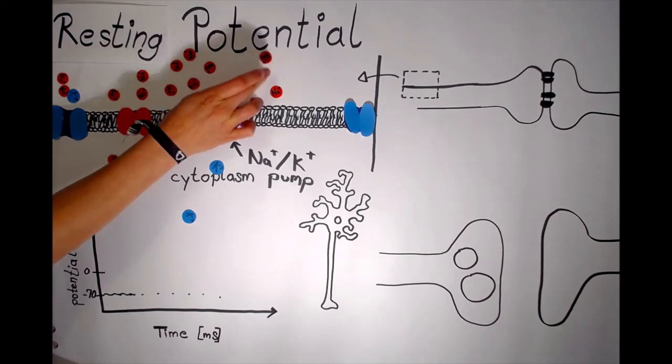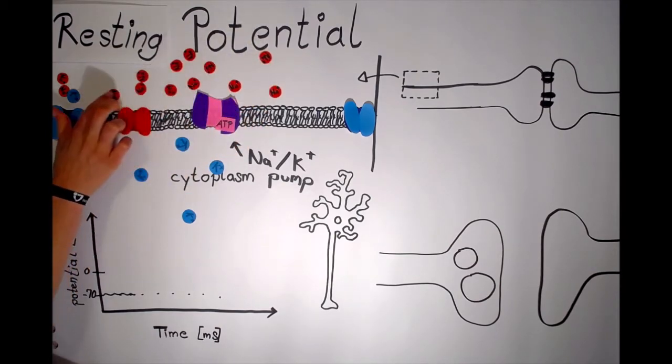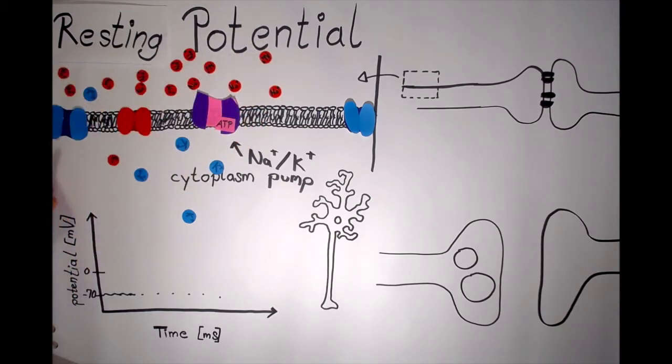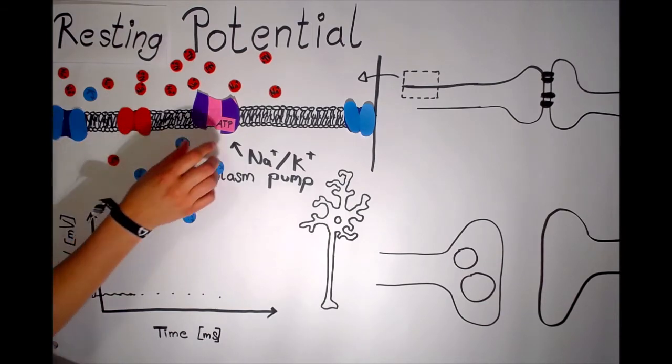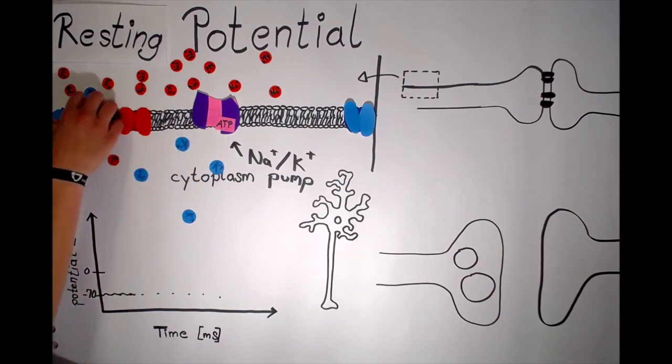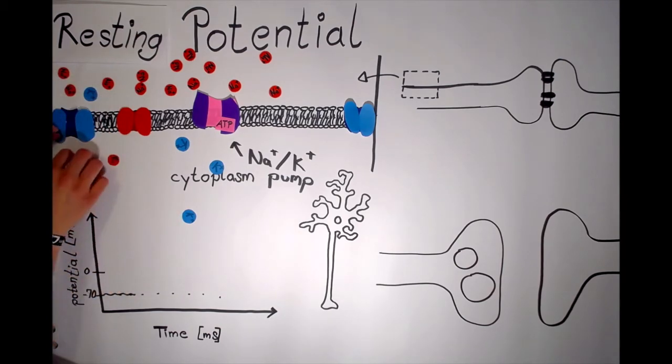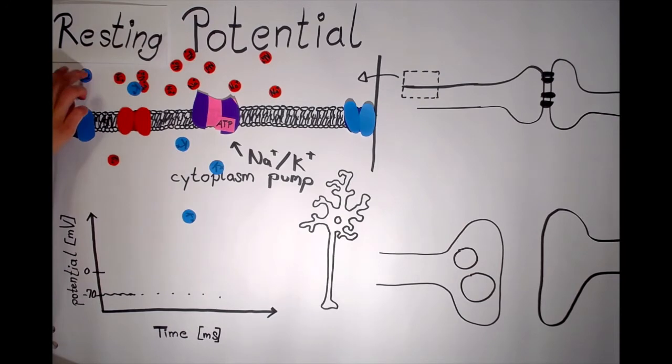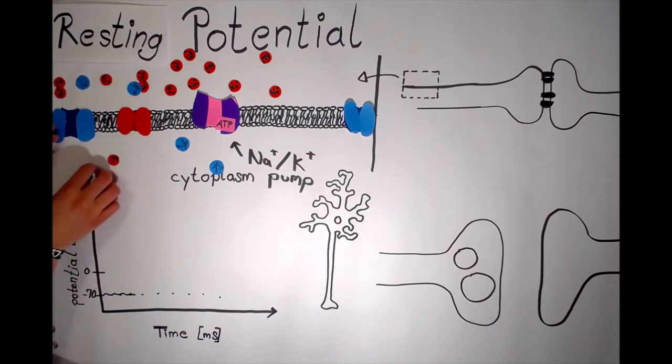There are also some potassium leak channels that are always open. So potassium flows out of the cell, driven by its concentration gradient that is higher inside the cell. But this facilitated diffusion does not completely equalize the work of the sodium-potassium pump because of electrostatic repulsion.